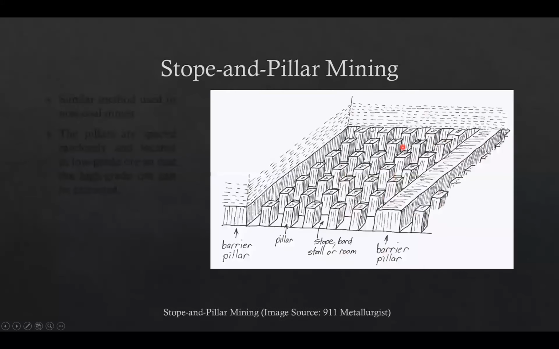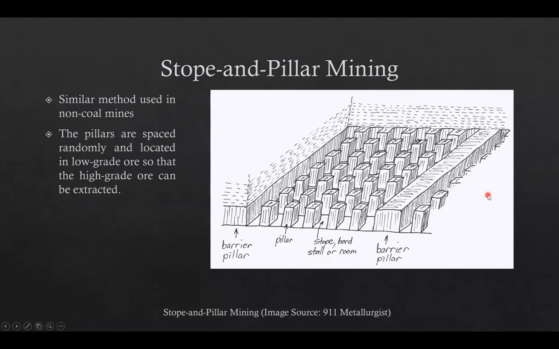Next one is stope and pillar, which is similar to room and pillar, but it is used in non-coal mines where thicker and more irregular ore bodies occur. These pillars are spaced randomly instead of systematic placement as we see in room and pillar, and are located in low-grade ore so that the high-grade ore can be extracted.